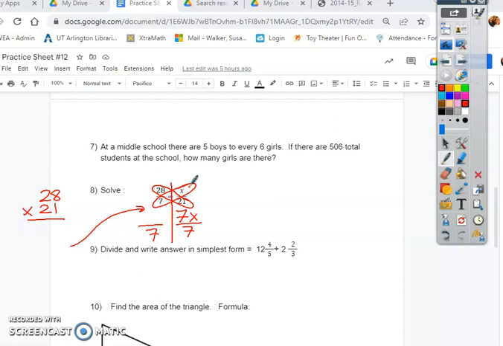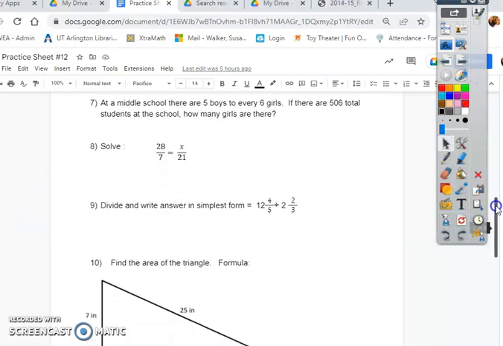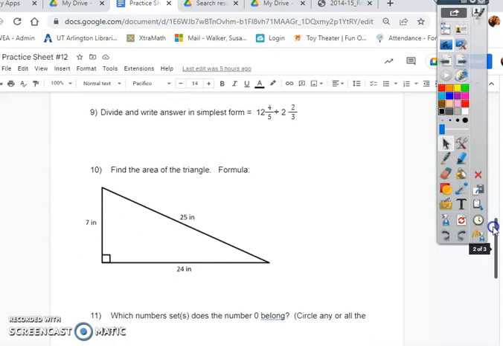Okay. Number 9. Division. Divide and write the answer in simplest form. Okay. So, remember we do Texas. Okay. So, make these both improper. I'll help you with the first one.